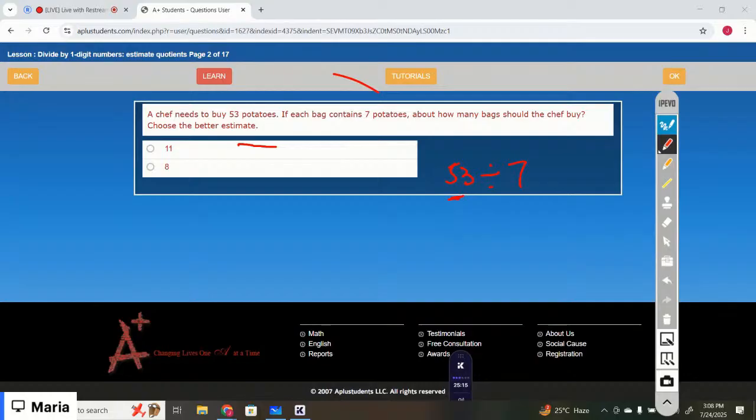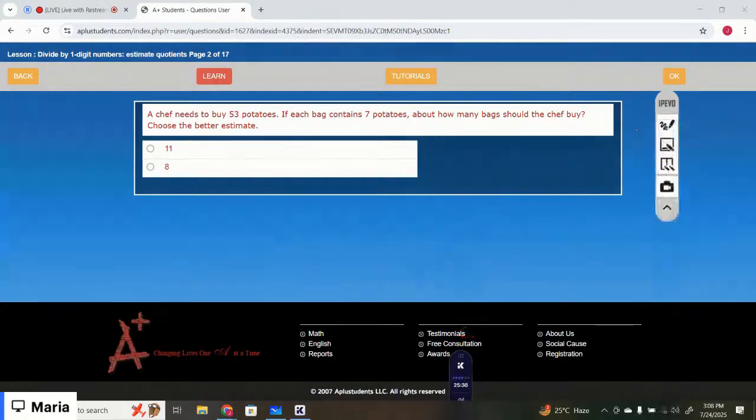Let's look at the number that can be completely divided by 7, and that would be around 53. So that would be 56, because 7 times 8 is 56, right? So it would be rounded to 56. Option number 2 is the correct option. 8 it is.